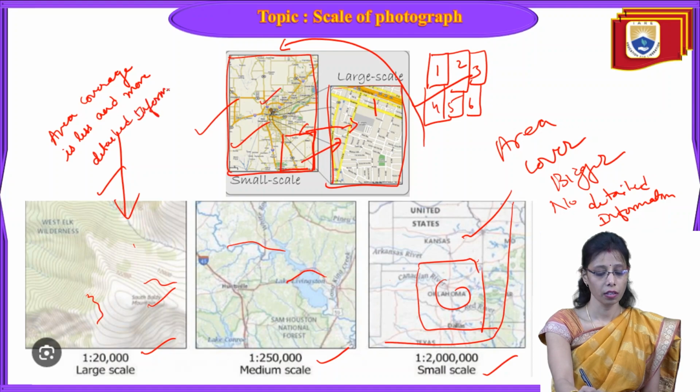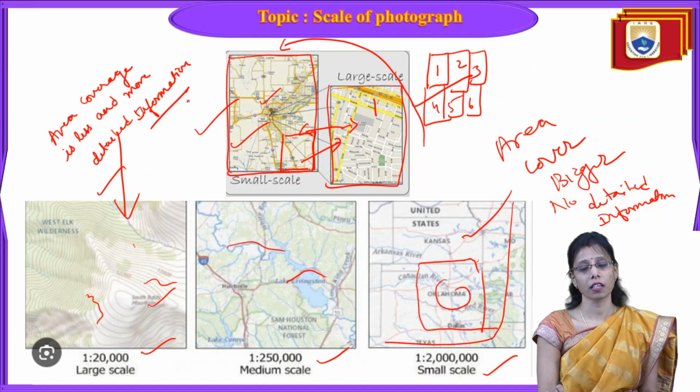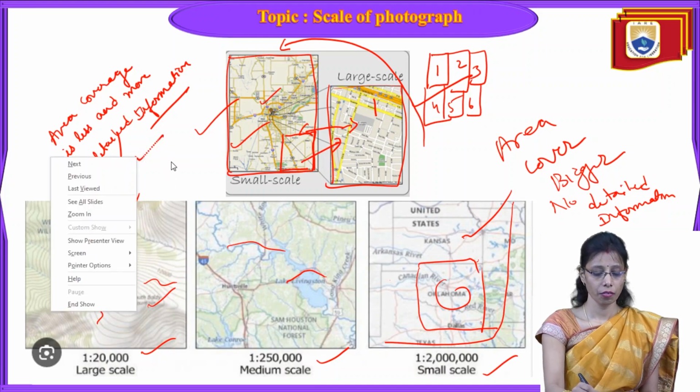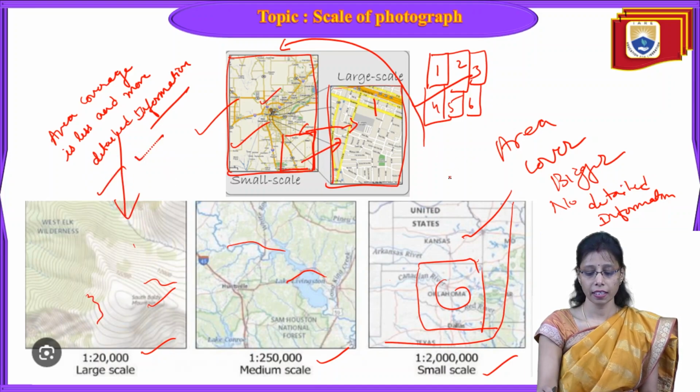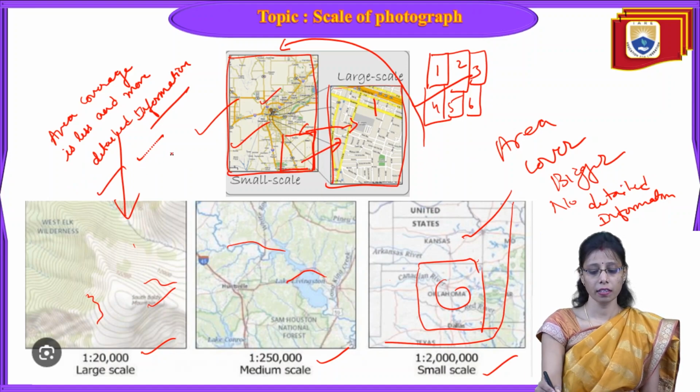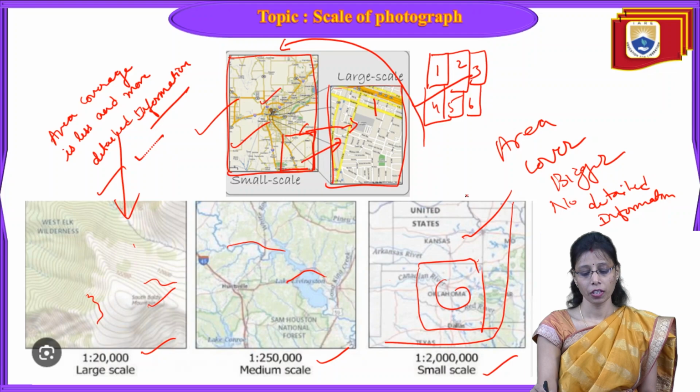Okay, so this is the difference between small scale and large scale. We can find more details in the large scale map, and we can find less details in the small scale map.